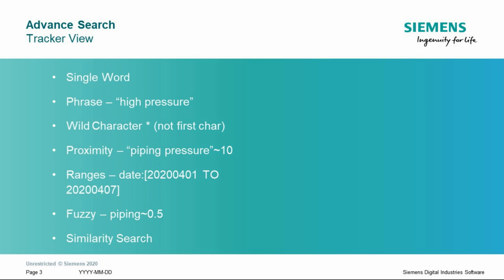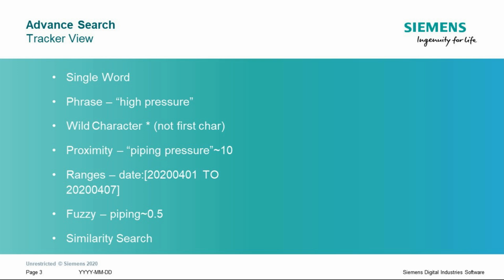Now, there is a proximity capability as well. It sets up like this, where you have a double quote and one or more words in here, 2 words in this case: piping and pressure. Now, the tilde has a couple different functions. In this particular case, it's telling me to find the occurrences of piping and pressure that are up to 10 words apart.